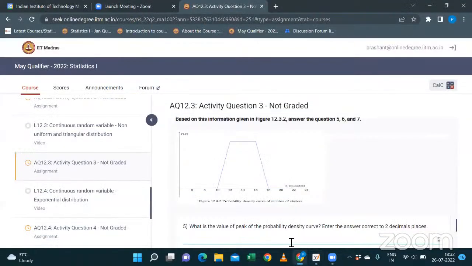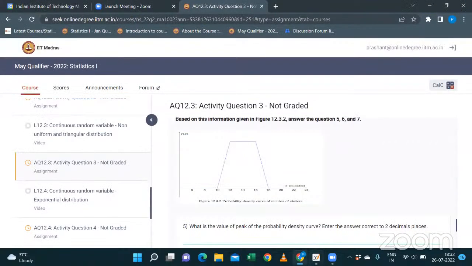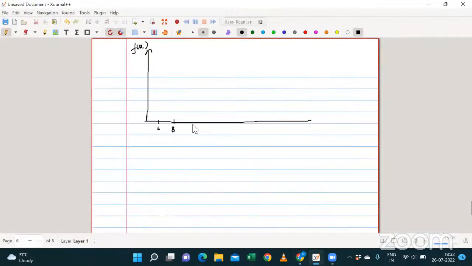Let me draw that. So this is my f of x. The values on the axis are 6, 8, 10, 12, 14, 16, 18, 20, 22, up to 24, right?